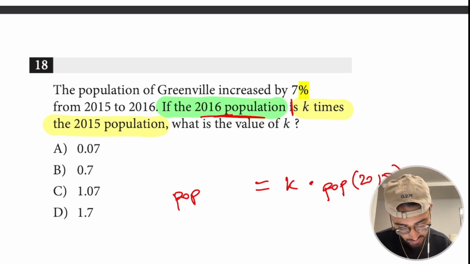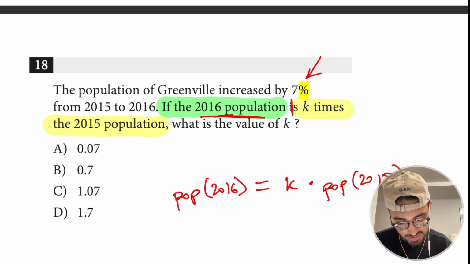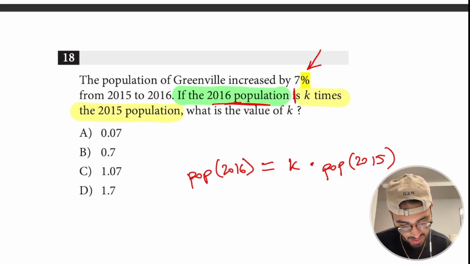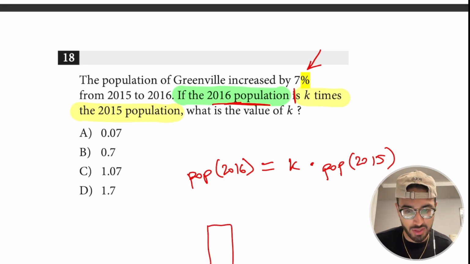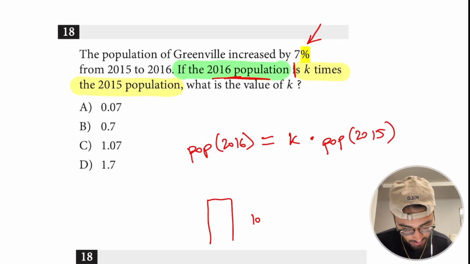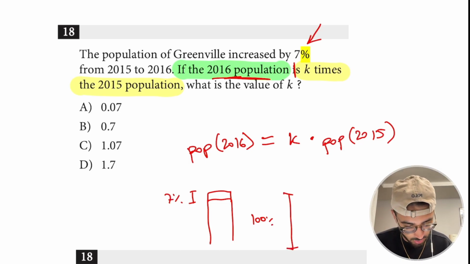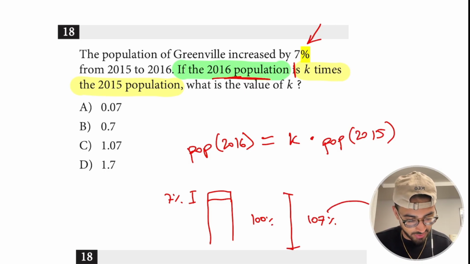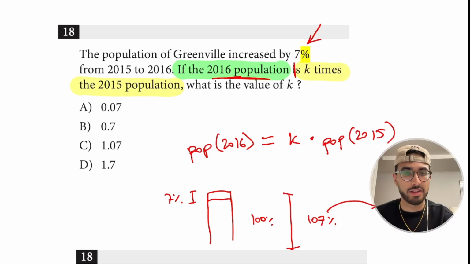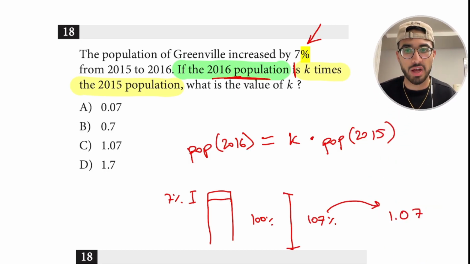And they said it increased by 7%, which means we have our population of 2015, which is 100%, and the 7% on top here, for a total of 107%. So translating this back into a decimal, we have 1.07, which my head is covering once again, and we will have choice C. Okay, moving on.